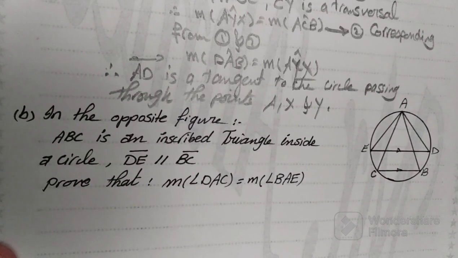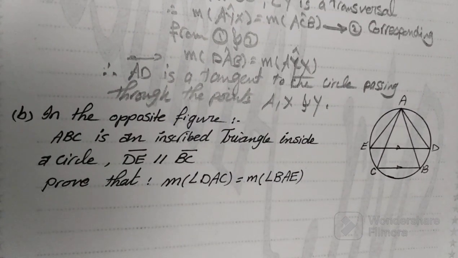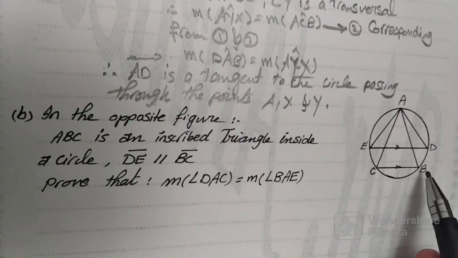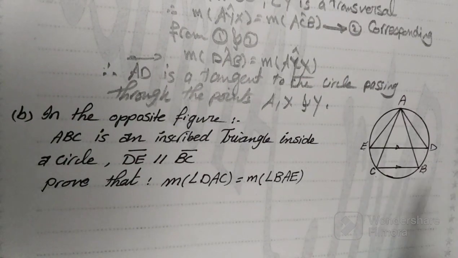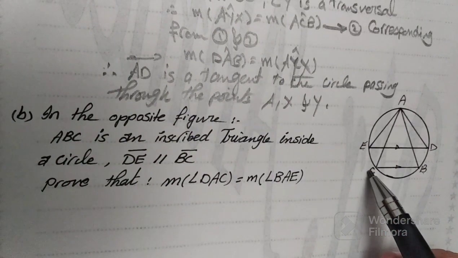Question P. In the opposite figure, ABC is an inscribed triangle inside a circle. DE is parallel to BC. Prove that the measure of angle DAC equals the measure of angle BAE. Since DE is parallel to BC, therefore the measure of arc BD equals the measure of arc CE.